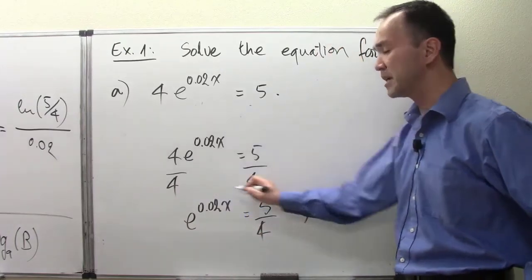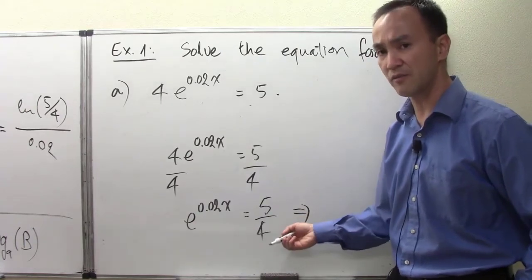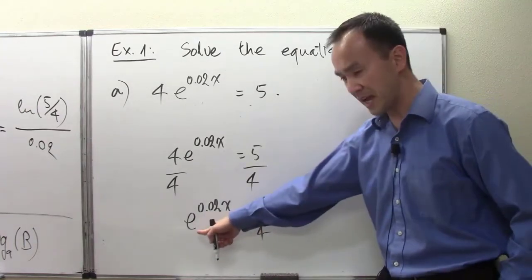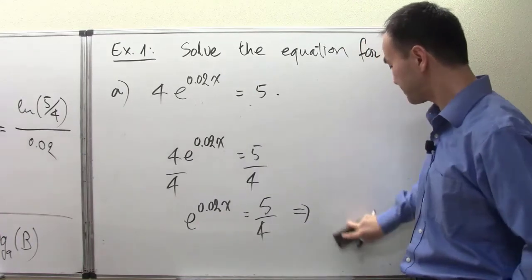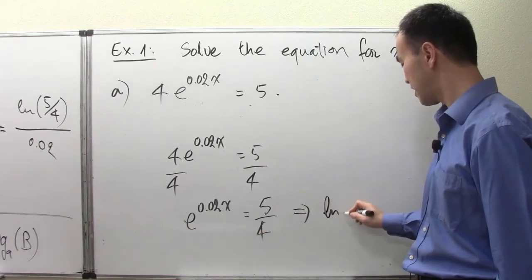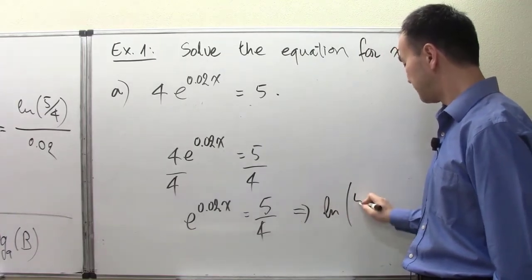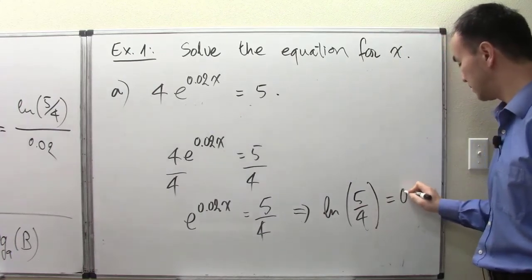And then we immediately turned that into the corresponding logarithmic form. So it's base e here, so we turn that into log base e, as a notation, log base e of 5/4 equals 0.02x.